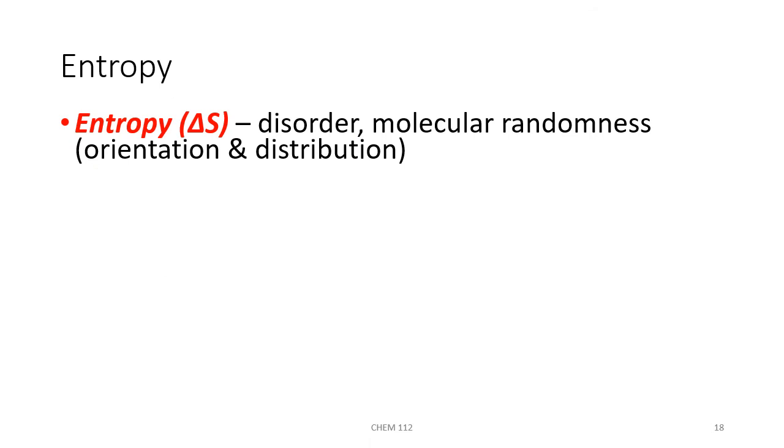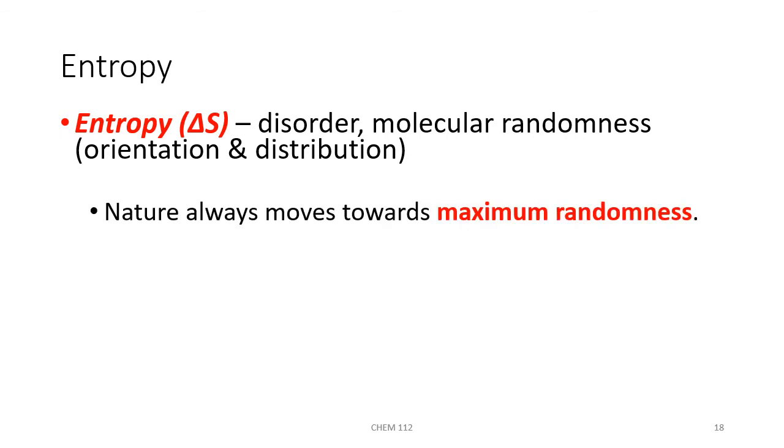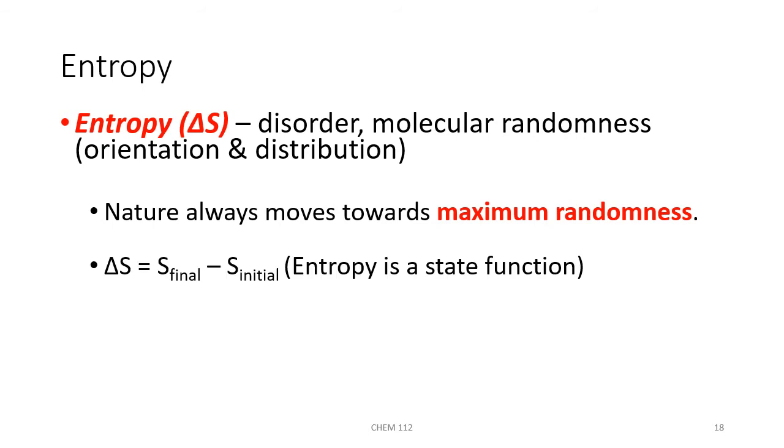The new thermodynamic property that will help us decide if a process is spontaneous or non-spontaneous is known as entropy. The change in entropy is abbreviated as delta S. Entropy is disorder or molecular randomness that has to do with the orientation and distribution. Nature will always move towards maximum randomness or maximum entropy, where disorder is favorable.